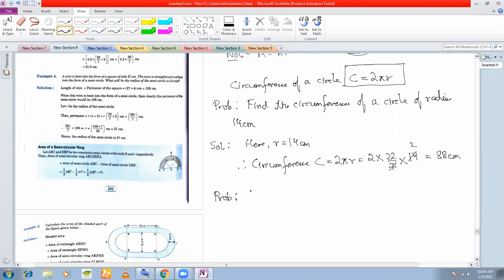So the question is, find the circumference of a circle of area 154 centimeters square.